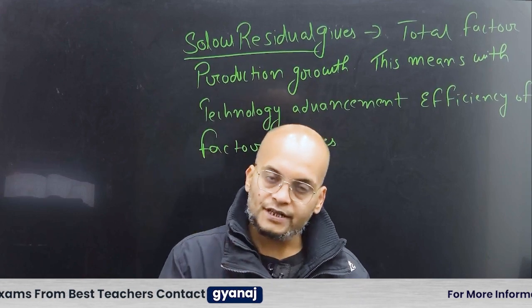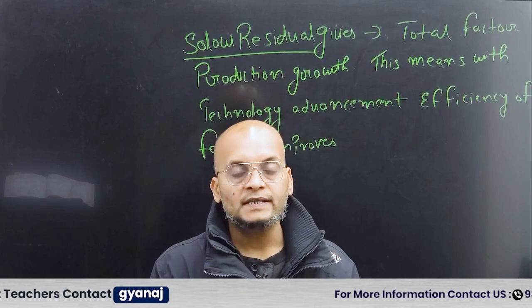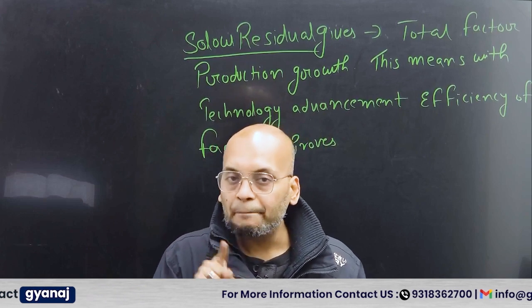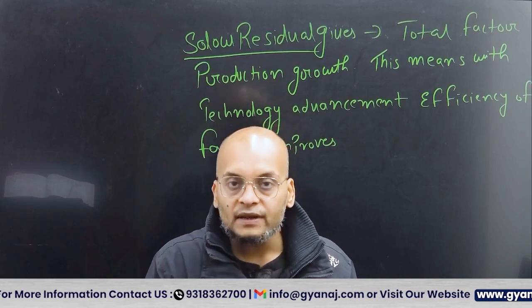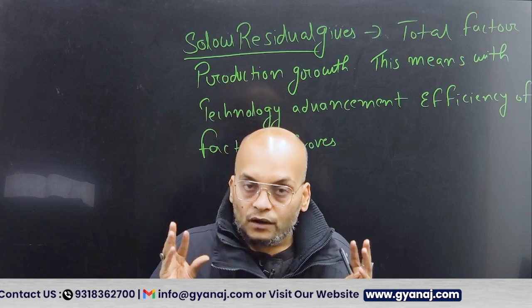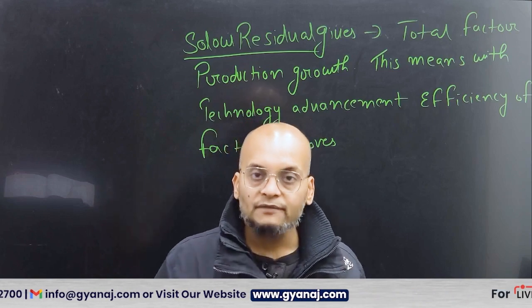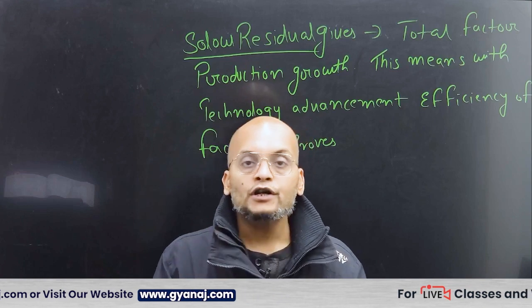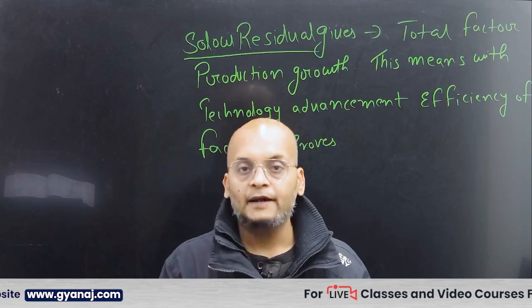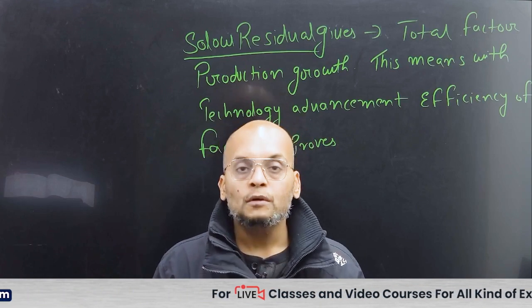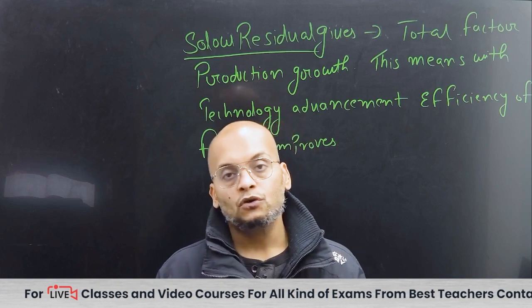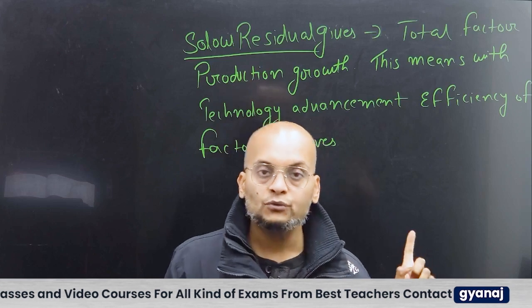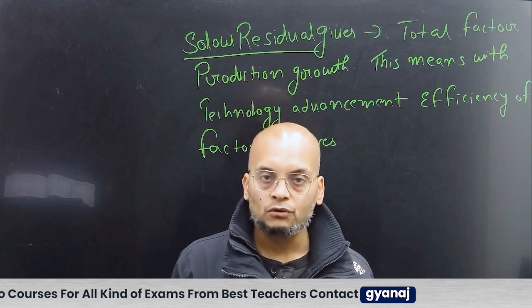If technology is growing, then the efficiency of capital will increase, the efficiency of labor will increase. All the factors grow due to technological advancement or progress in technology. That's the relevance of Solow residual, and I told you the method to find it.